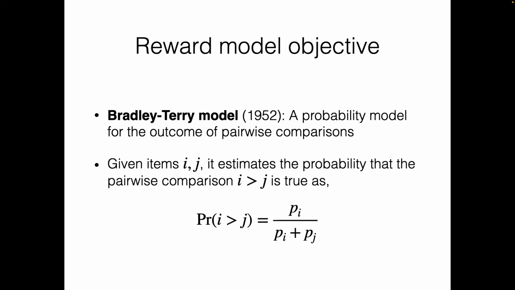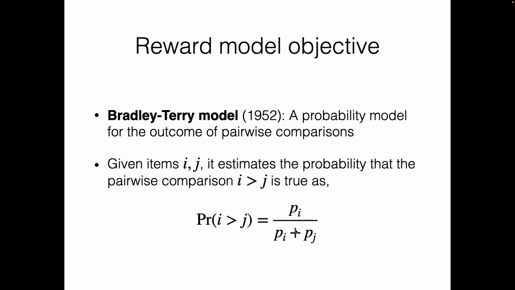So it's basically saying, okay, given items i and j, it will estimate the probability that i is greater than j as follows. You have these two different parameters, pi and pj. And the modeling assumption is that this probability is modeled using this simple fraction here.